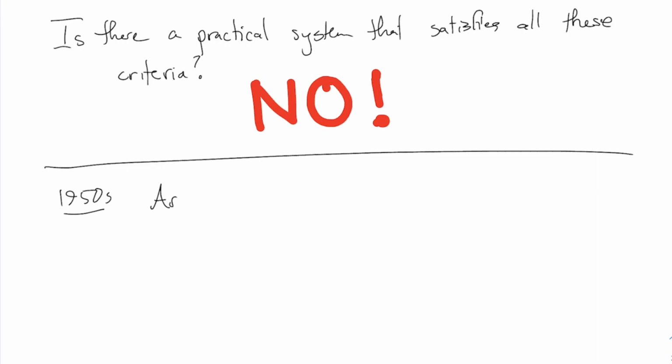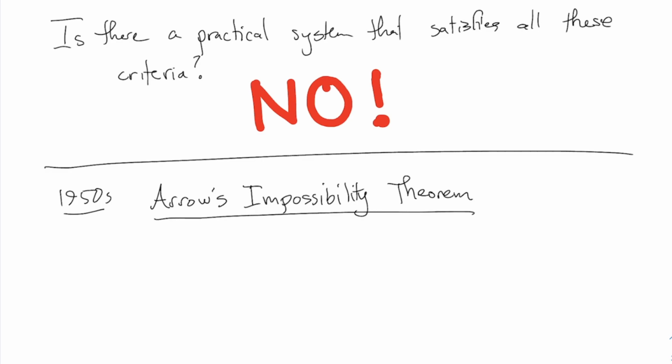Among people who know something about this, this is super famous. This is called Arrow's impossibility theorem. Arrow is a person. Arrow is Kenneth Arrow, who was an economist.